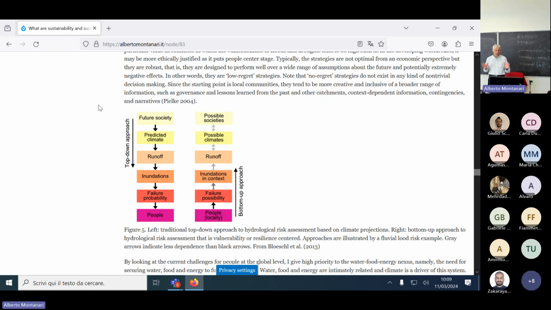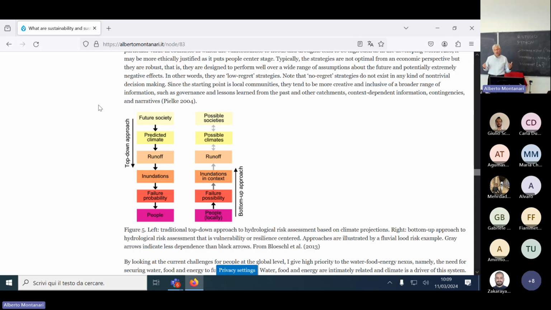The same for the socioeconomic model. When I talk about water demands and I make a prediction of water demands into the future, usually we get a sharp increase of water demands in the future because the per capita demand is increasing. The population is not clear. In some parts of Italy it is decreasing, in other parts it is increasing, but usually you get an increase of water demands.